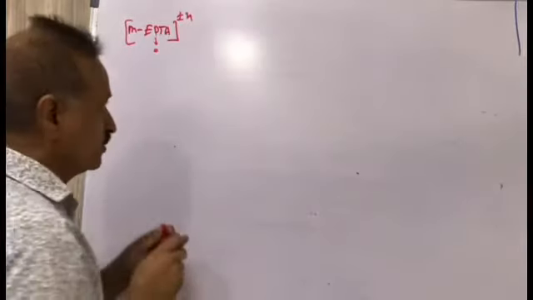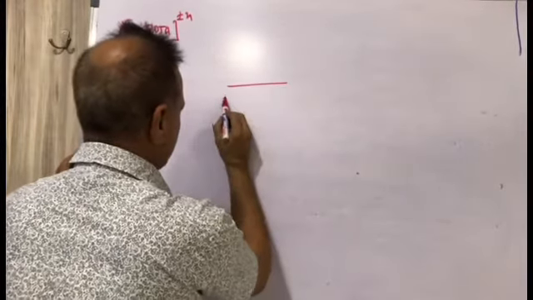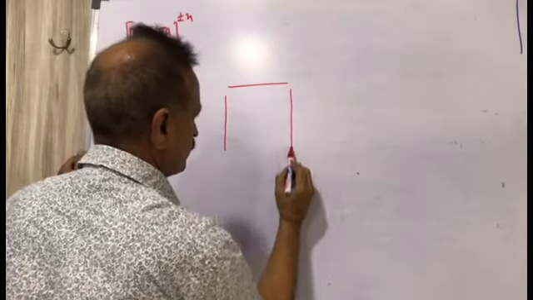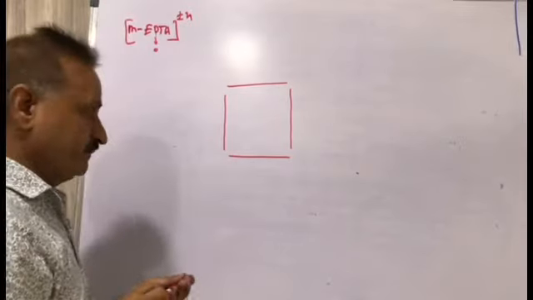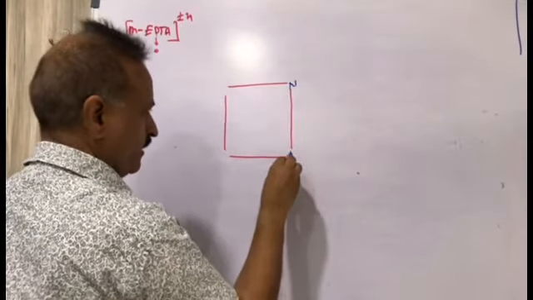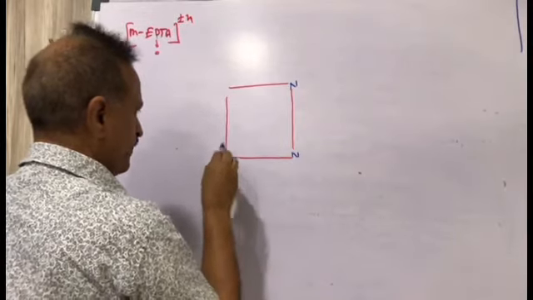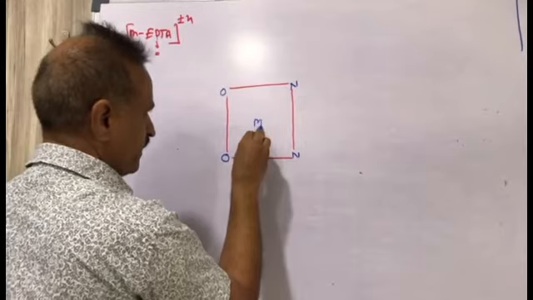So you just draw a square first. Here will be 2N, 1N, 2N. Here will be 2O. In the center there will be the metal ion.